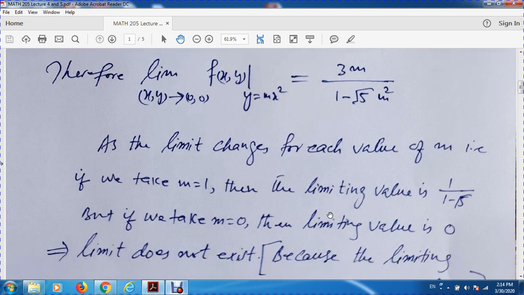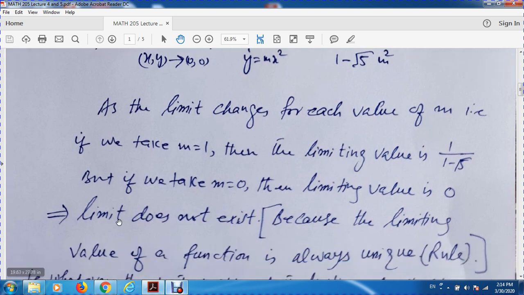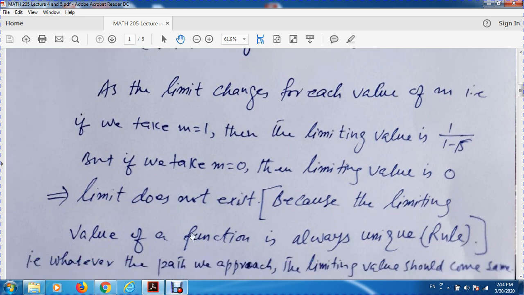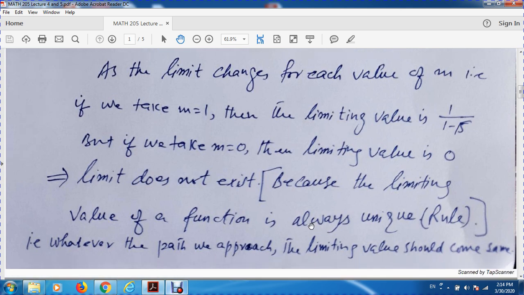So it means for different values of m we will get different numbers. Therefore the limit does not exist, because the limiting value of a function is always unique. That is the rule I was already explaining. Whatever path we approach, the limiting value should come out the same.